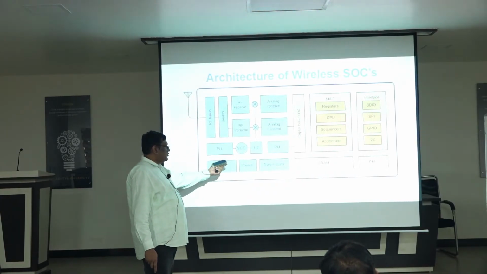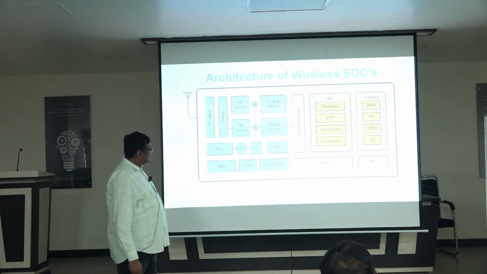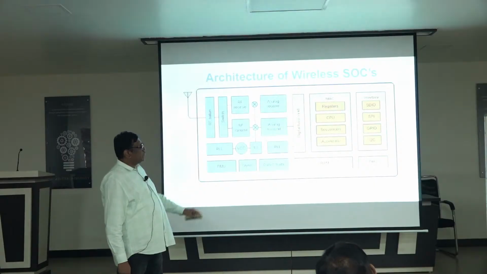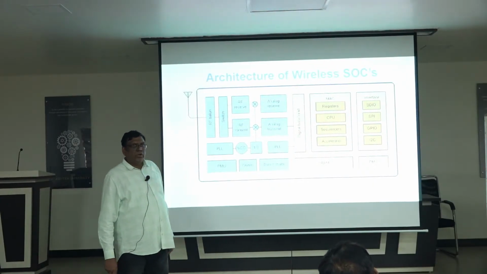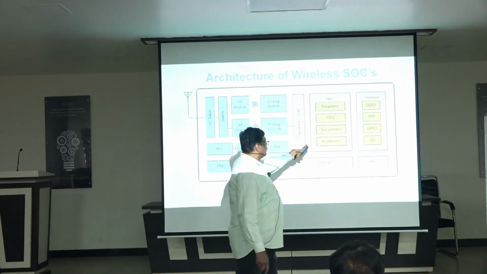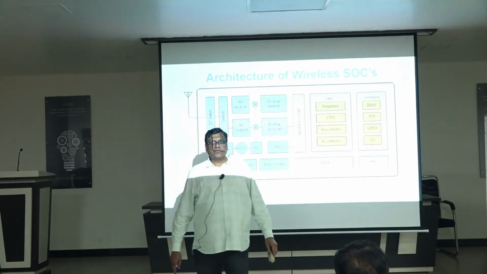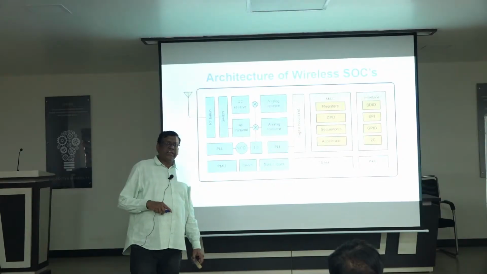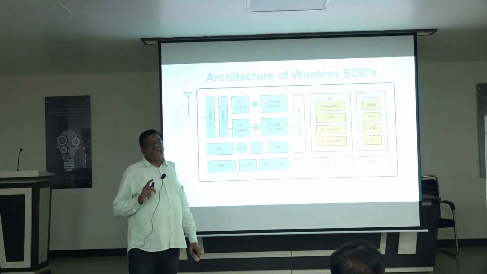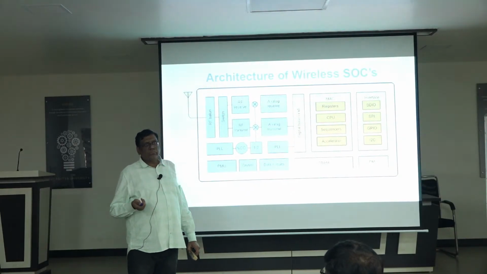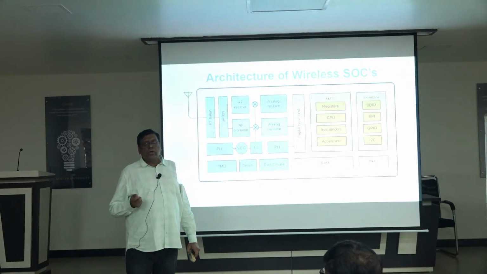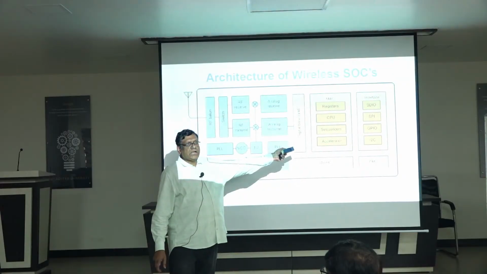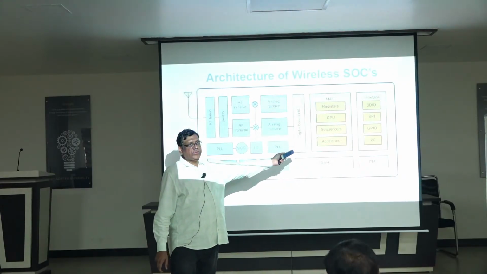There are crystals, that means oscillator sources, and biasing circuits, power management units, and we will also have accelerators. Nowadays the role of accelerators has increased a lot, because the chips currently being generated have to have the capability of AI, artificial intelligence. To handle that AI, we need more and more accelerators. The hardware requirement for the accelerator is very huge.